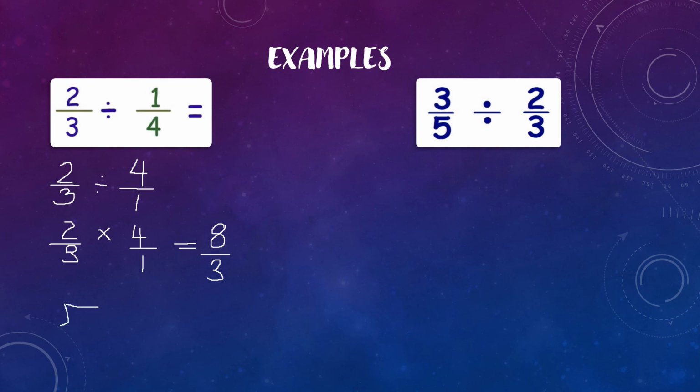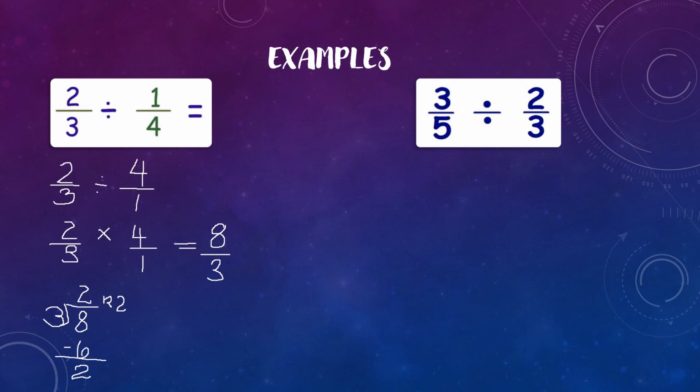Now we know when we end up with improper fractions, the only way to simplify is by dividing. So I'm going to go ahead in my rough work and I'm going to divide 8 by 3. 3 goes into 8 2 times. 2 times 3 is 6. 8 take away 6 leaves us with 2. At this point, we know that that extra 2 is our remainder.